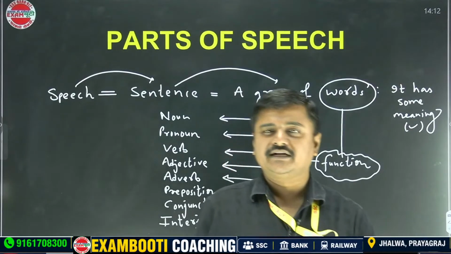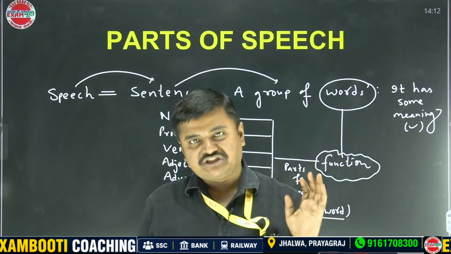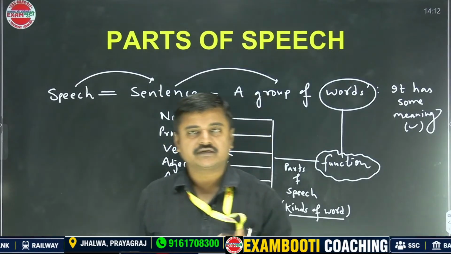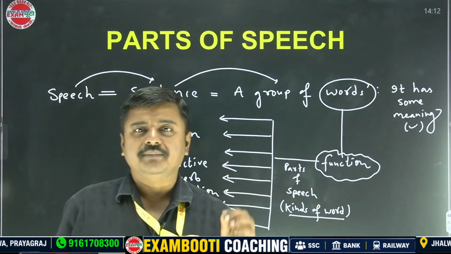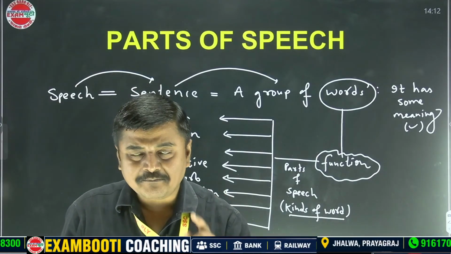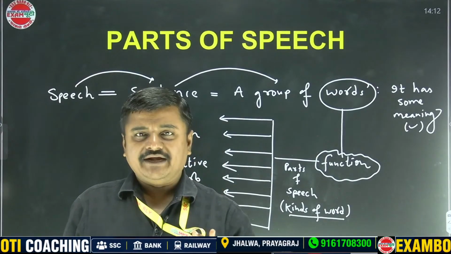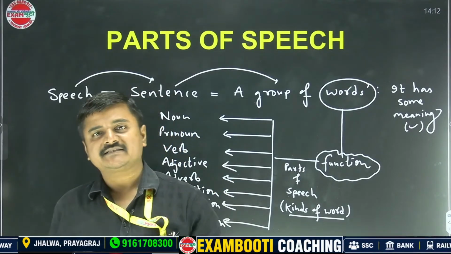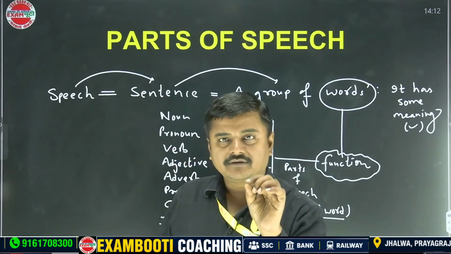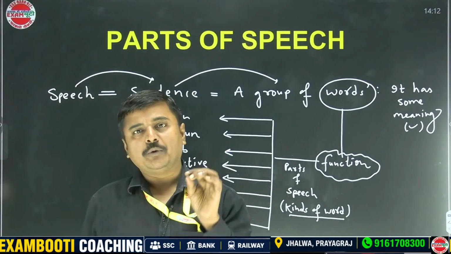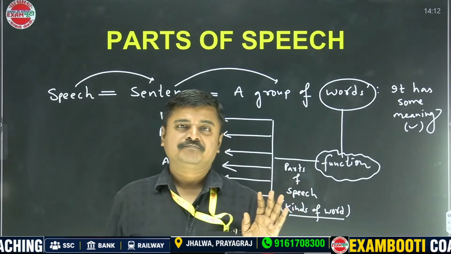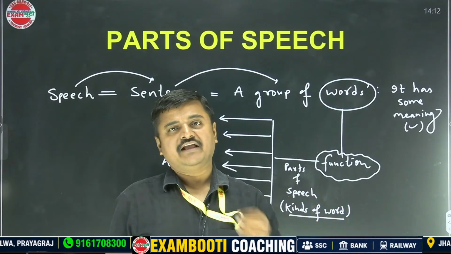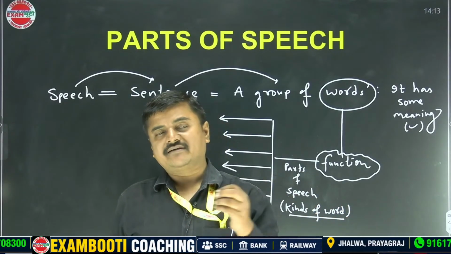We all know that there are 8 parts of speech: noun, pronoun, adjective, adverb, verb, preposition, conjunction, and interjection. It means a word can be classified grammatically according to the function of a word in a sentence into 8 classified parts, into 8 categories. This is the word class, and we have 8 categories, we have 8 kinds.